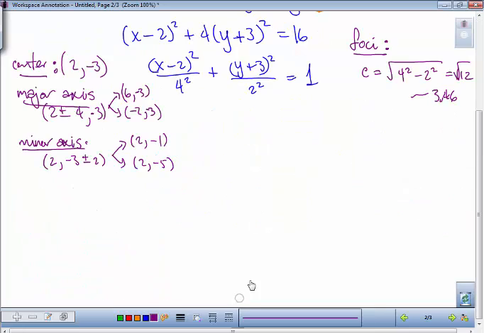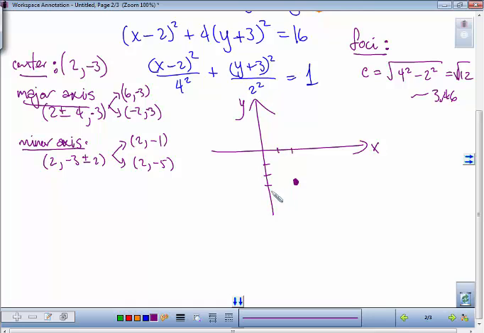Let's draw it with respect to the origin. Let's say 2, -3. Let's put 1, 2, 1, 2, 3.